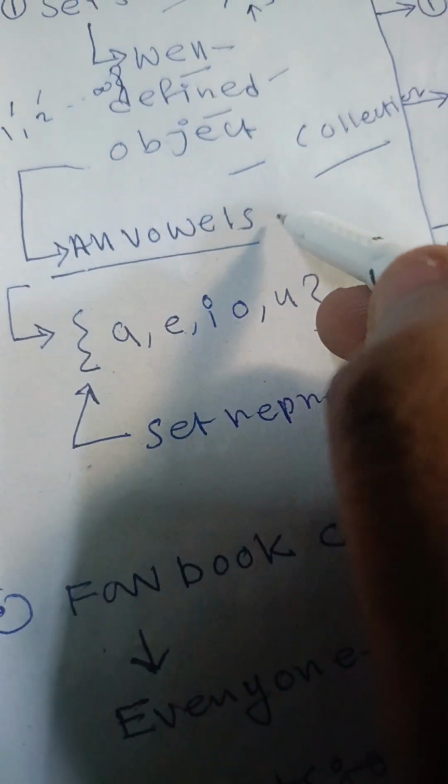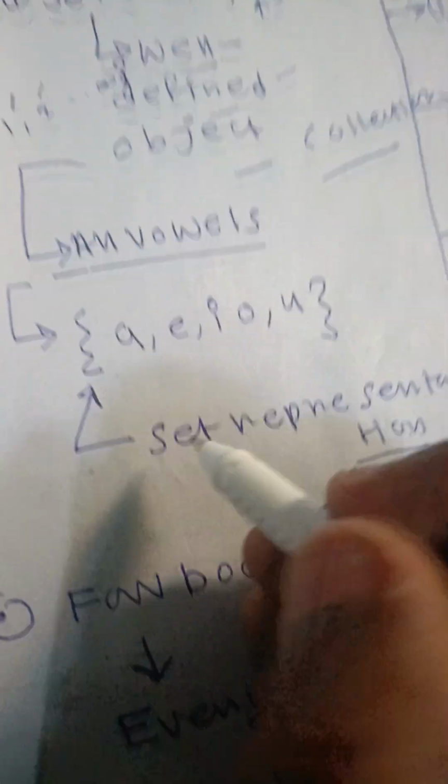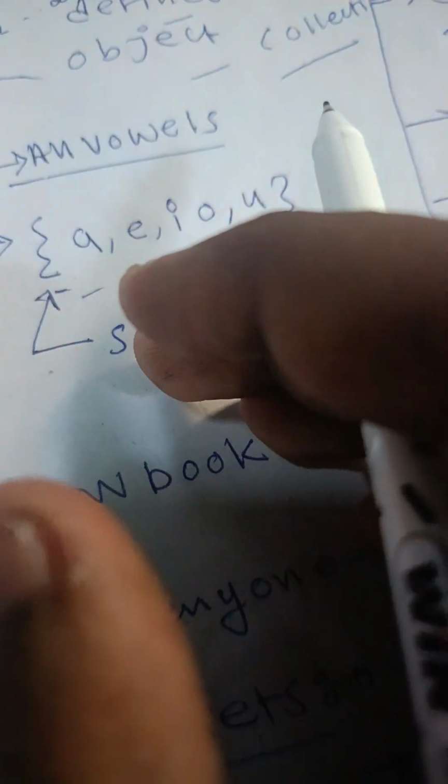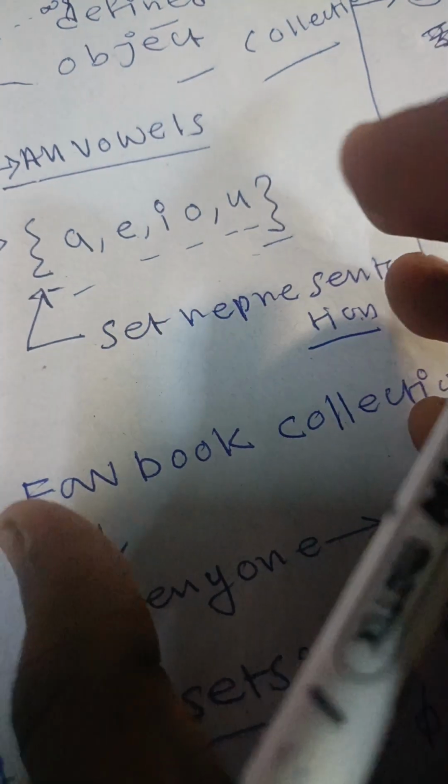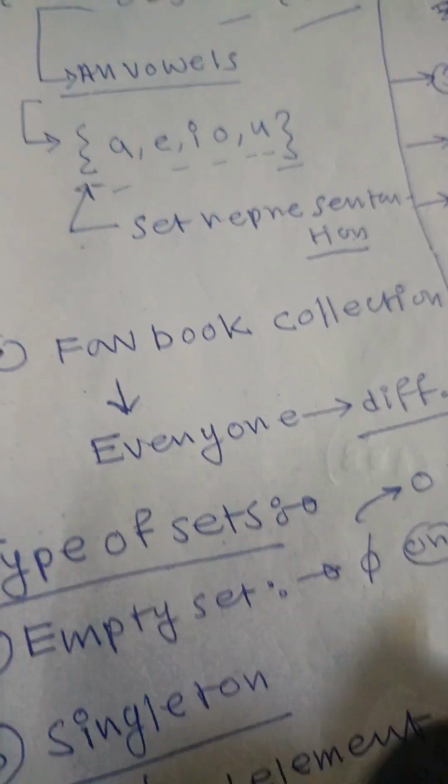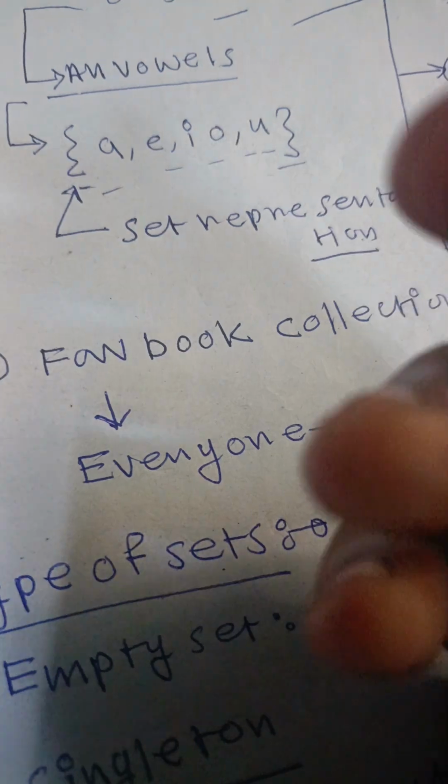So if we say write all the vowels in the English alphabet, we are writing curly braces. That defines that we are writing the set of all vowels in the English alphabet, that is A, E, I, O, U. There are no other vowels in the English alphabet, so that is well defined.